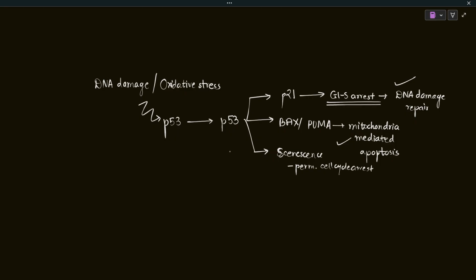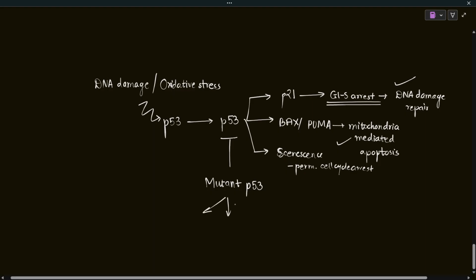Wild type p53 shows those normal responses, but unlike that, mutant p53 shows opposite cellular responses.